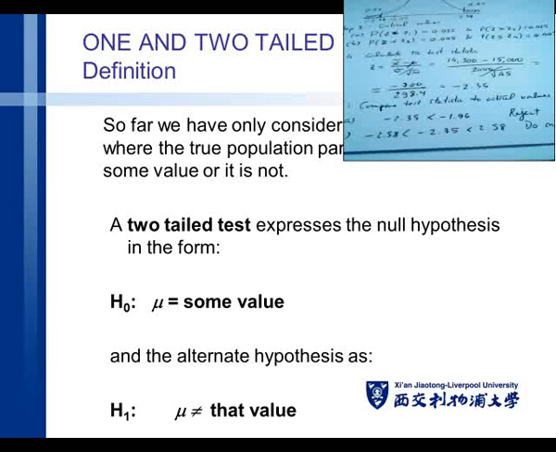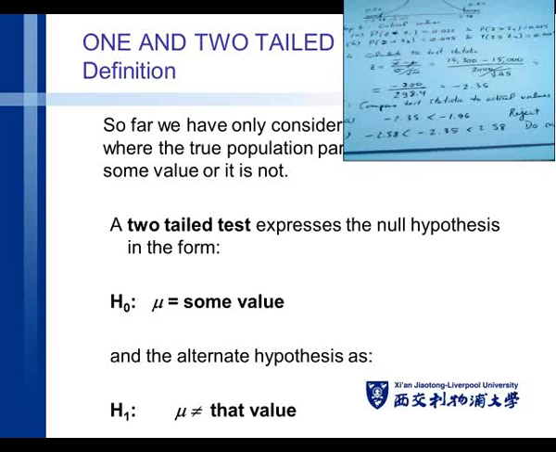So far, what we've done is called the two-tailed test, where the null hypothesis says equal to some value, or different from a certain value. And if it falls on either one of the tails, you reject the null hypothesis. So that's why it's called a two-tailed test.